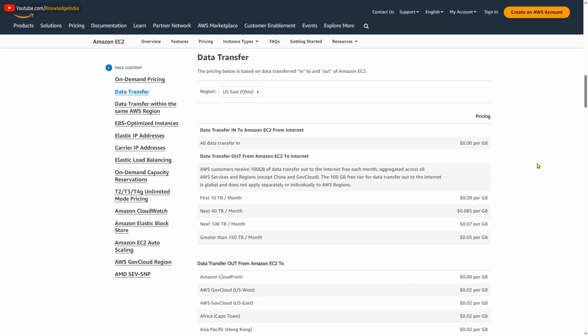And if you understand this, you will be able to relate this to other AWS services which are typically instance based. For example, you take RDS, you take Redshift, you take Elasticache. All of these services are actually instance-based services. What does that mean?